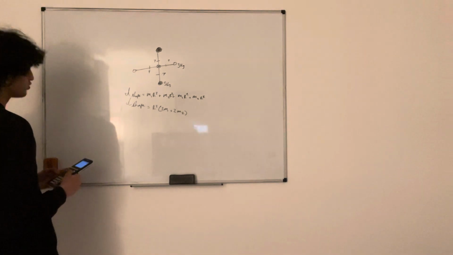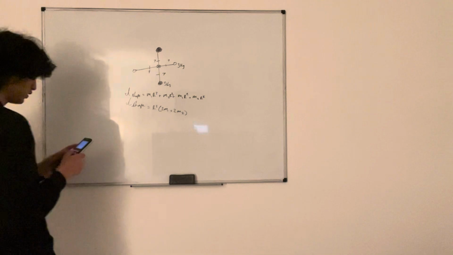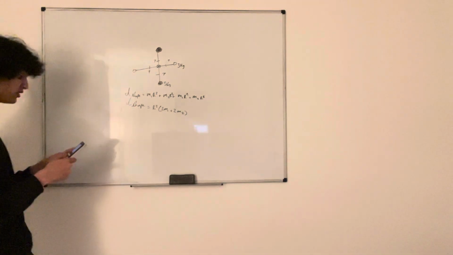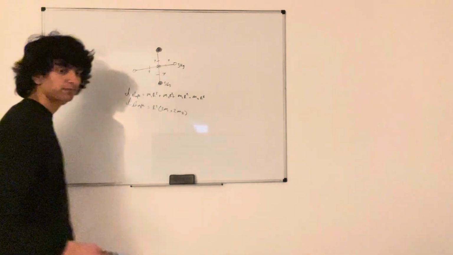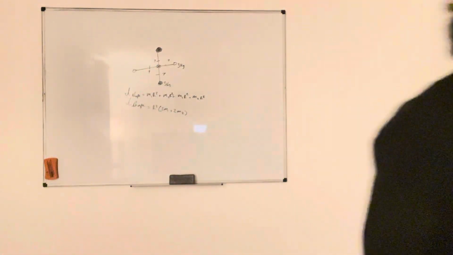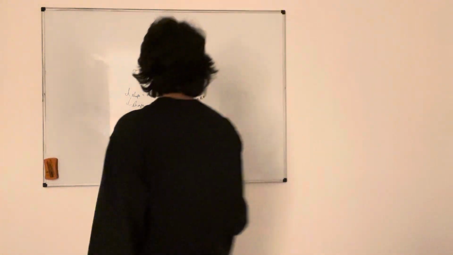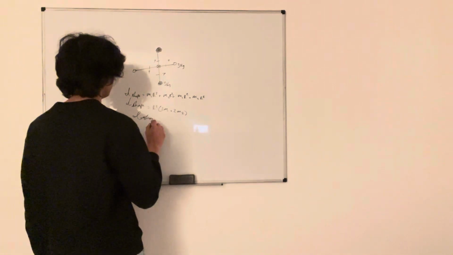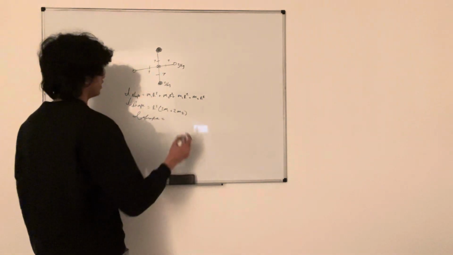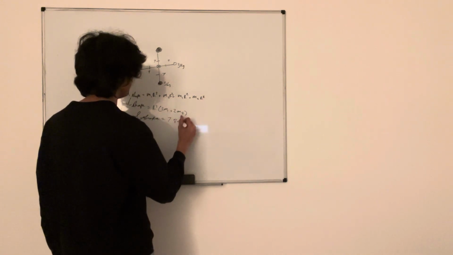Oh, because I forgot to multiply. Okay, let me try that again. I think you should get something like 7.8. Yeah, 7.84. So there you go. Pretty simple. So I shape is going to be 7.84 kilograms meters squared.